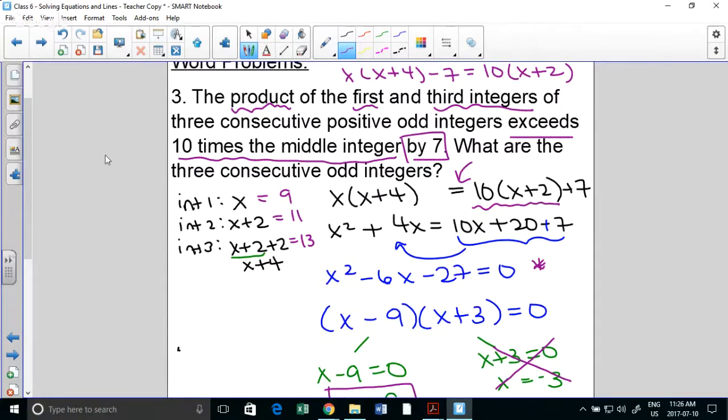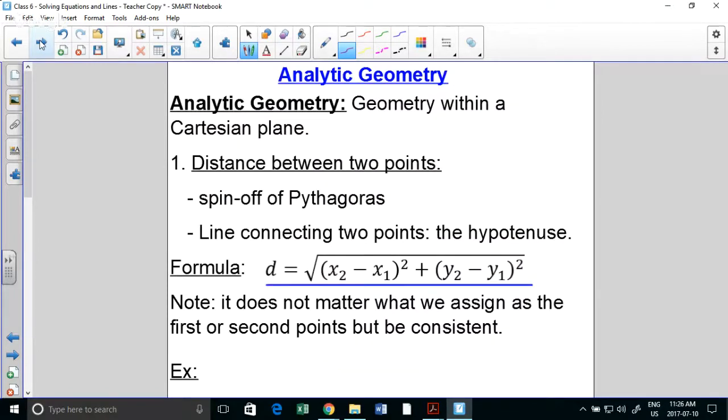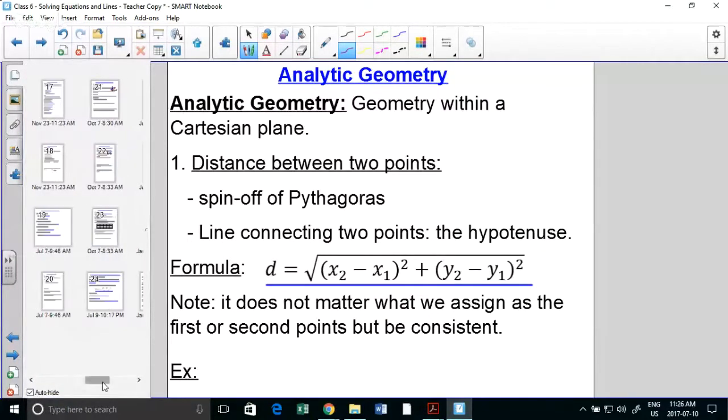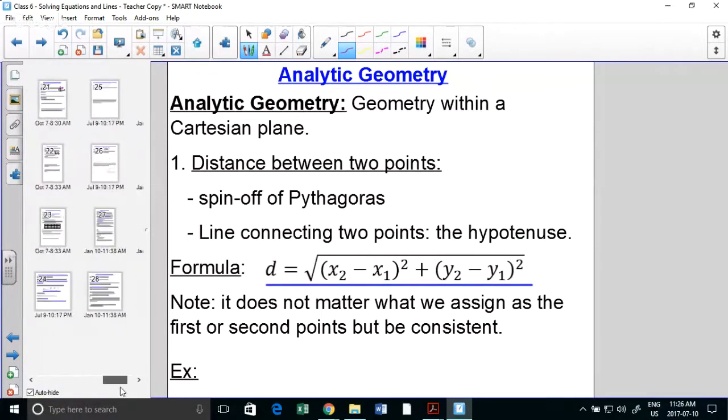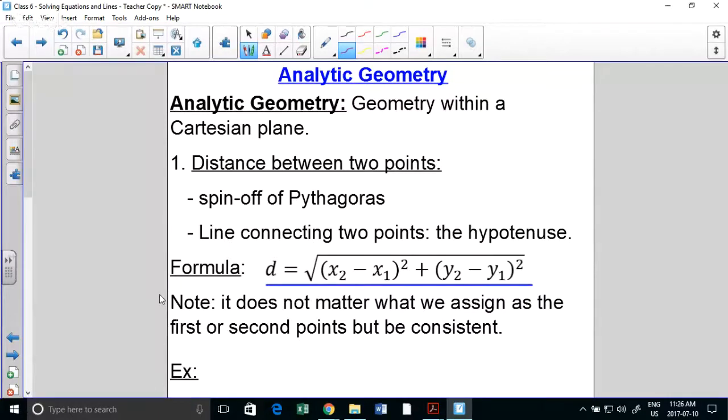You're welcome. All right, so what we are going to be doing today, analytic geometry. Now, if you notice, there are approximately 30 pages. We are not going over all 30 pages. There are a couple of elements that are new in analytic geometry, or some might be new, some you might have seen during class.